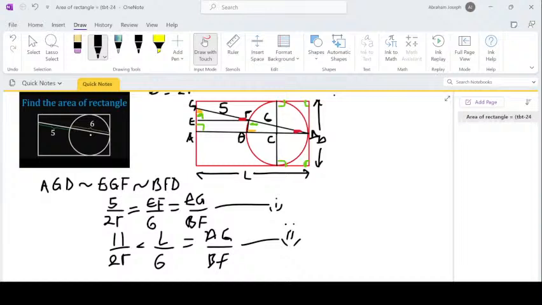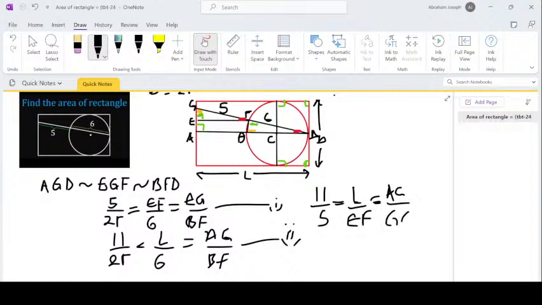AGD, the green angle is facing GD, that's 11 over, the green angle is facing 5. So 11 over 5 equals L, which is the yellow angle facing L, over EF, equals AG, which is the red angle facing AG, over the red angle there facing GE.